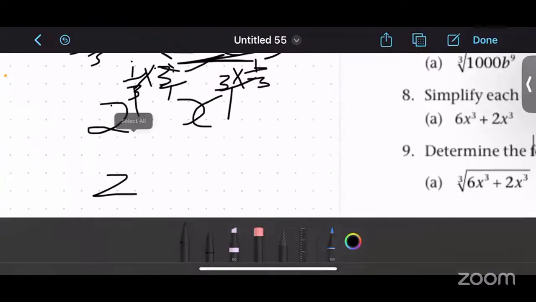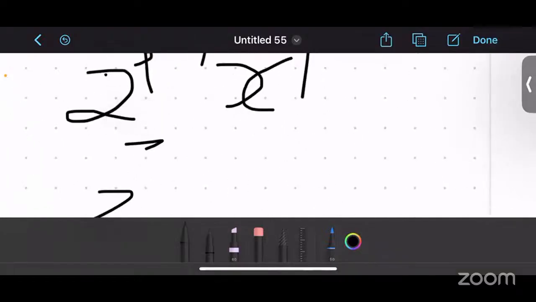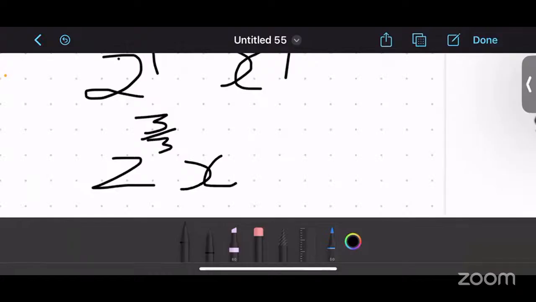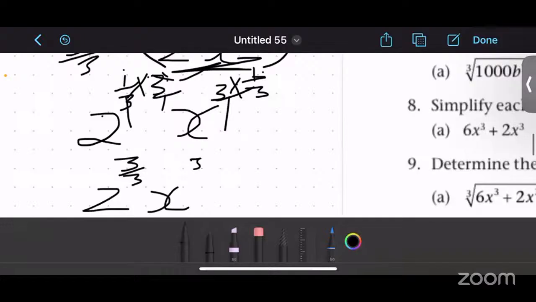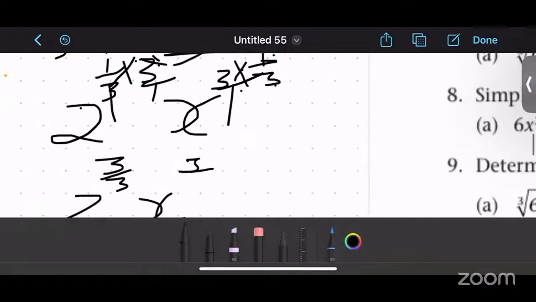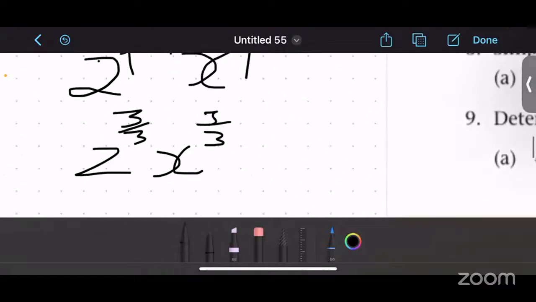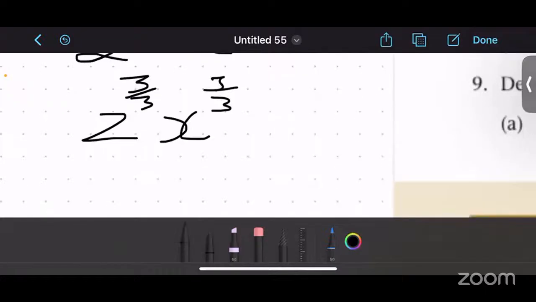So it's going to be 2 to the power of 3/3, and x to the power of 3 multiplied by 1 is 3, 1 multiplied by 3 is 3, so it's 3/3. So what did we say about a number dividing by itself?